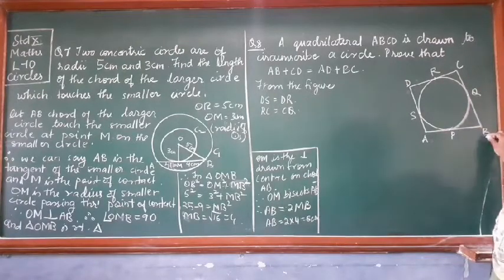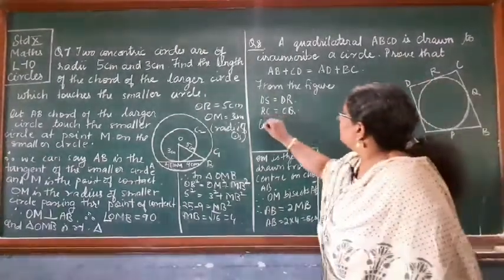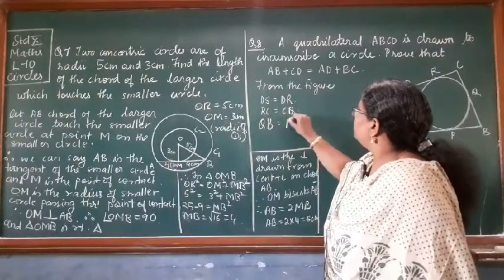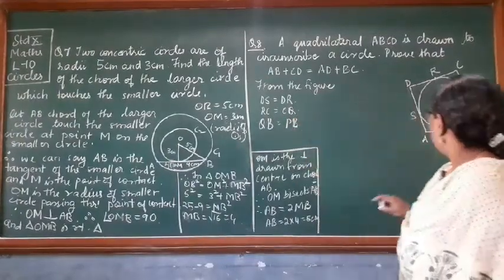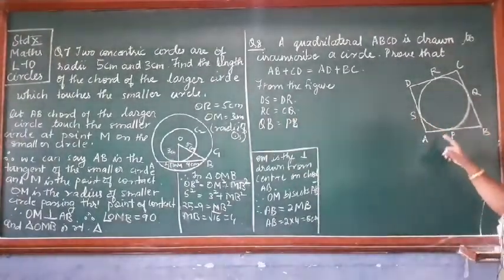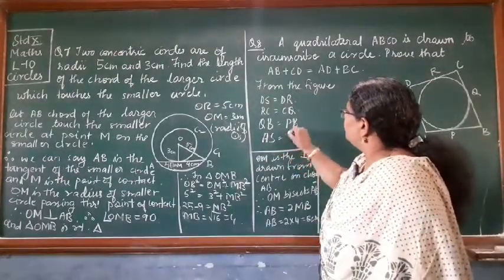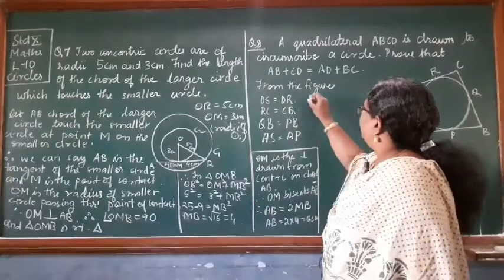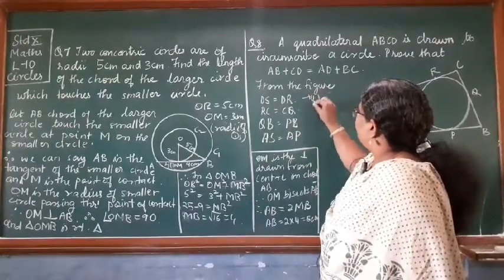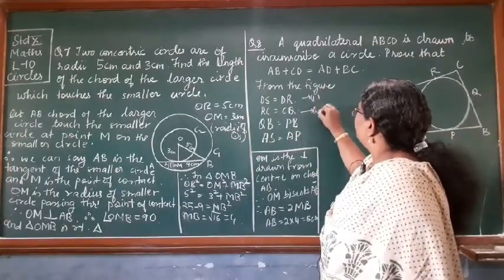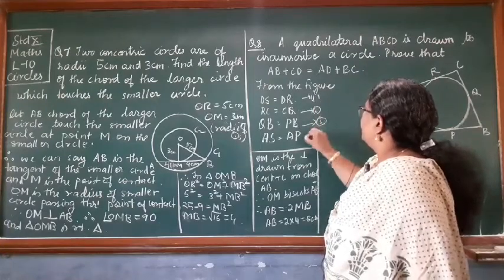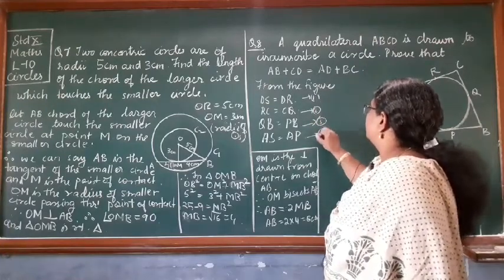Also QB will be equal to PB and AS will be equal to AP. ये one equation ले लेते हैं. This is 2, this is 3 and this is 4.